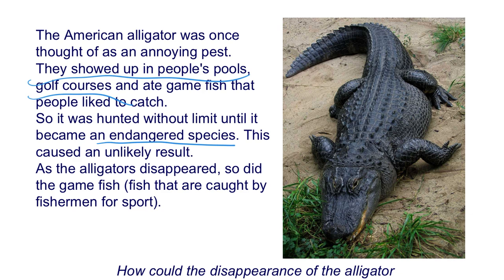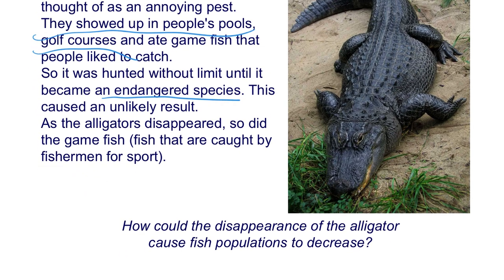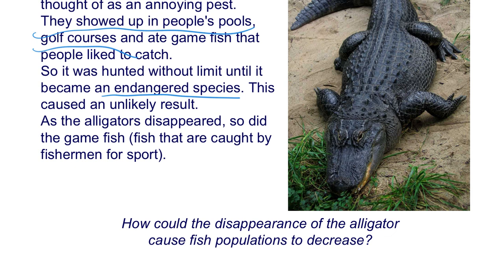But the weird thing is, as alligators disappeared, the game fish, the kind that the fishermen thought were being eaten by the alligators, started decreasing. Their population started declining. So how did that happen?